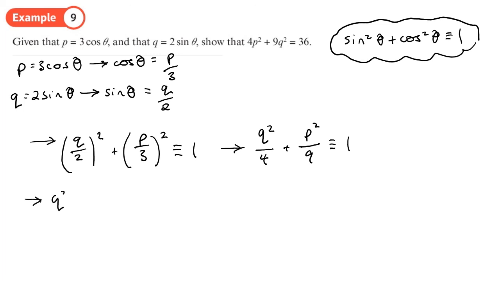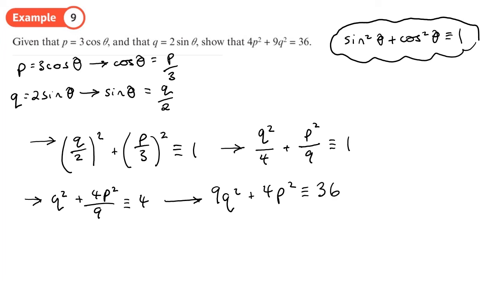So we get q squared plus 4p squared over 9 is 4. And then multiply both sides by 9. So we'll get 9q squared plus 4p squared is 36. And all they've done is they've just swapped it around so that you've got the 4p squared at the front plus the 9q squared is 36. So we've proved that statement to be true.